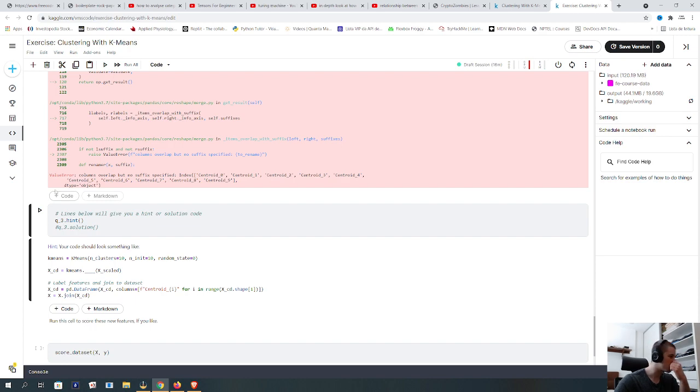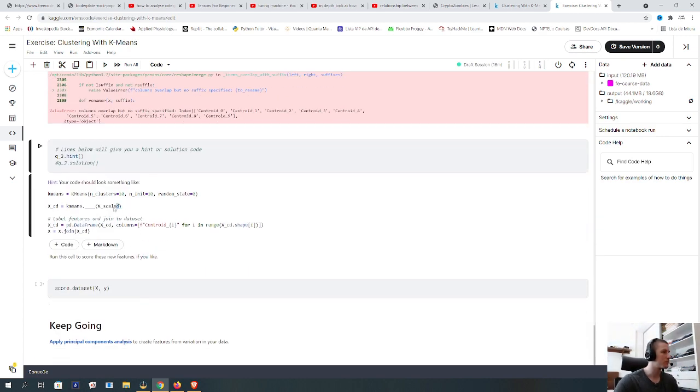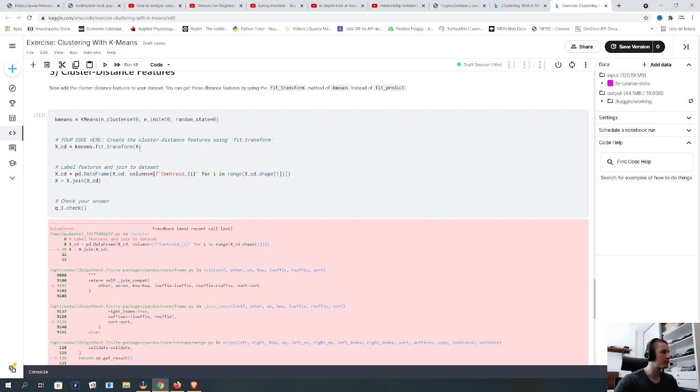That should be X scale. So, but why did it say that's not defined? Maybe I typed the wrong way.